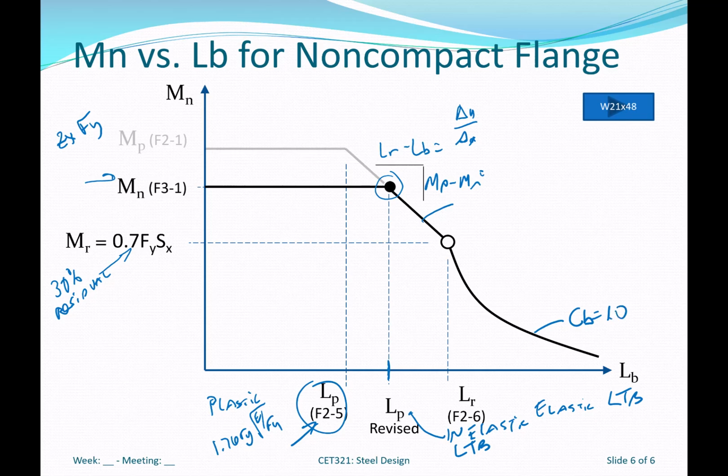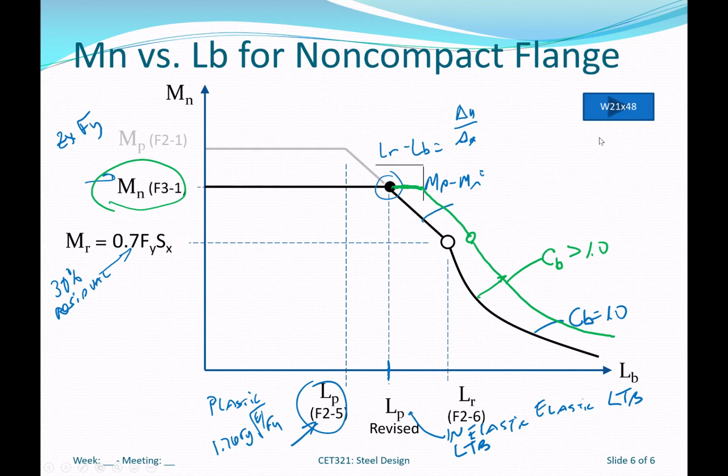If you have greater than C sub b of 1.0, again, it's the same concept. It just extends this out and then magnifies this. So this would be C sub b greater than 1.0. But notice that it cannot ever get above this strength for my nominal moment, accounting for my flange local buckling.